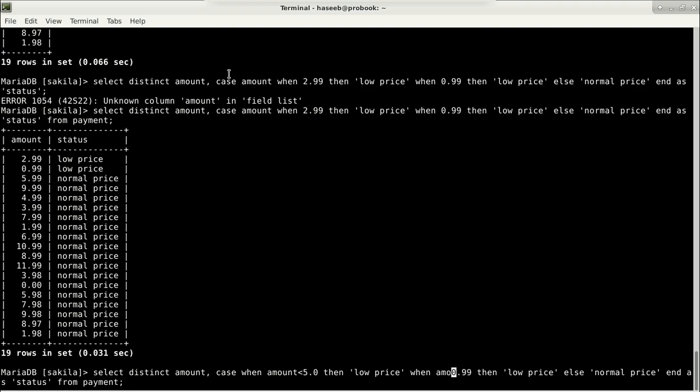When amount is less than 9.0, print, suppose, normal price, else print high price.